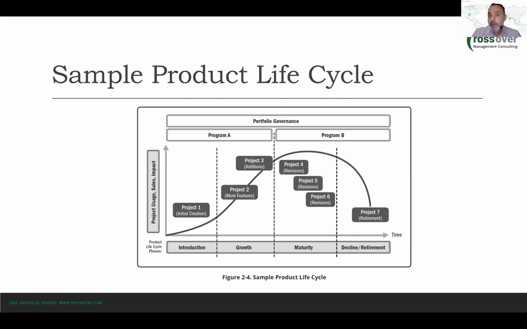So we will find ourselves at the end of the day discussing whether we should close this product and get rid of it and start producing other products, right? So these are the four phases of the product life cycle: the introduction phase, the growth phase, the maturity phase, and the decline phase.